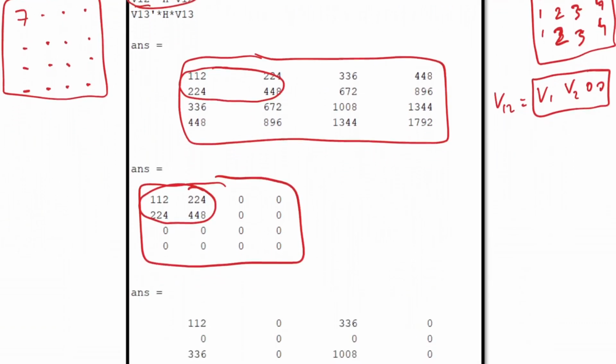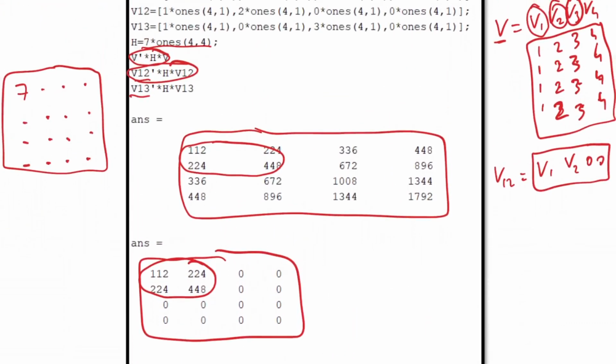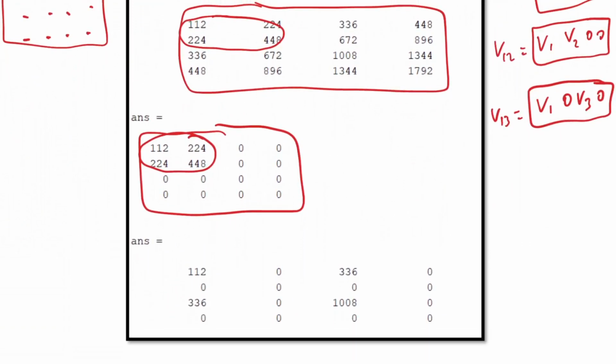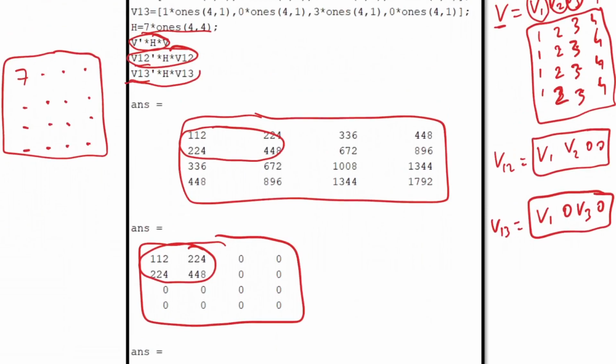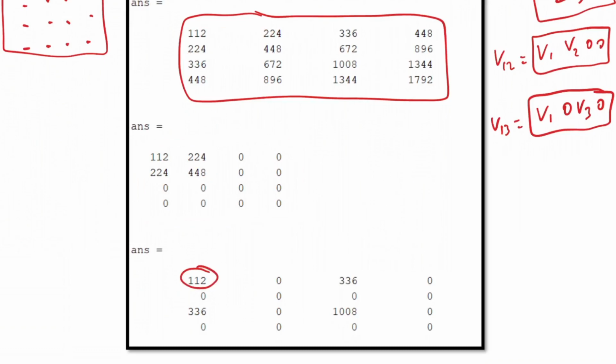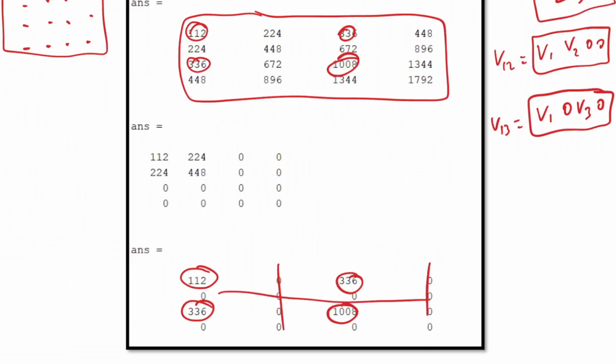Also let's look at v13, which is v1, 0, v3, 0. We transform H by using the v13 matrix, and this is what we have. And let me just delete that. 112, 336, right? 336, 1008. Other terms are zeros, right?